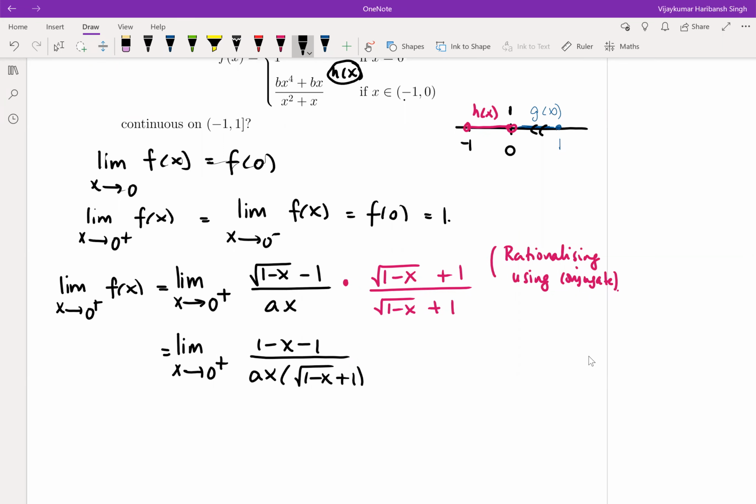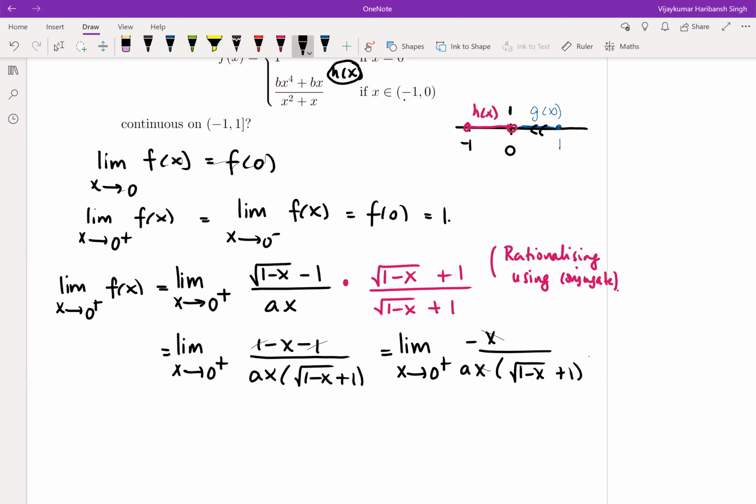So this one and this one can cancel, right? So this is going to be the limit as x goes to 0 plus, this minus x and minus x can cancel out as well. So I'll cancel out these guys.